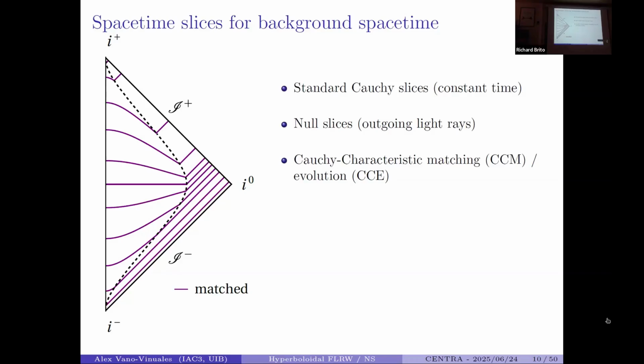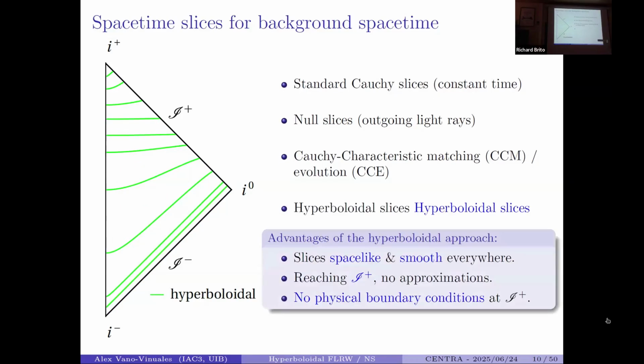Just to say that this certainly works, it has its advantages and disadvantages, and I'm going to advocate for another approach, which is the hyperboloidal slices. These hyperboloidal slices are spacelike everywhere, so spacelike like the Cauchy slices are, and as such have similar flexibility to the Cauchy approach, but they are smooth, differently to that one.